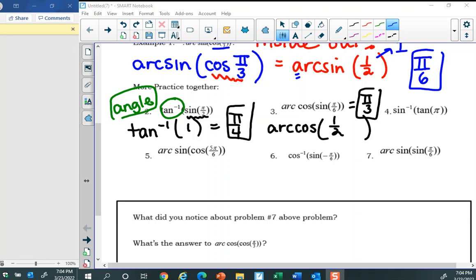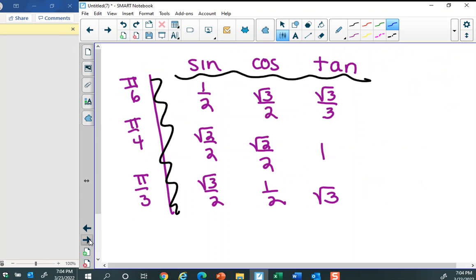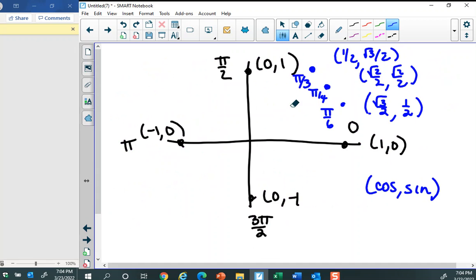Tangent of pi. We don't talk a lot about the tangents of the quadrantals. If you know our ordered pair quadrantals, our tangents are, remember, y over x. So at pi and at 0, my tangents are 0.